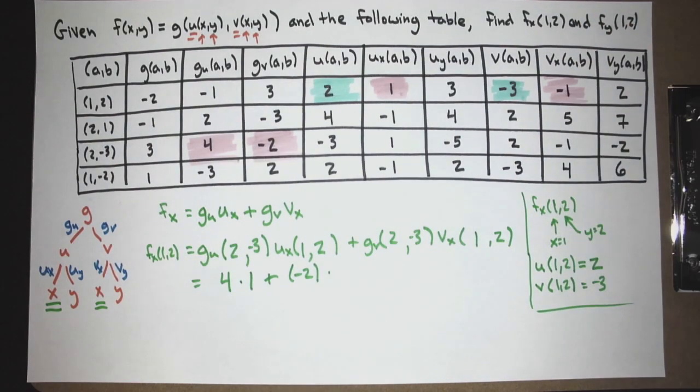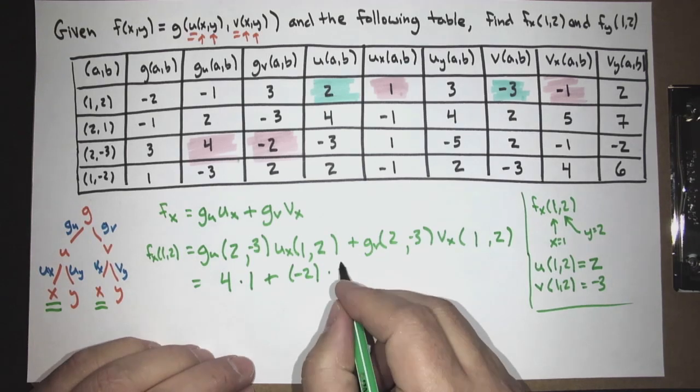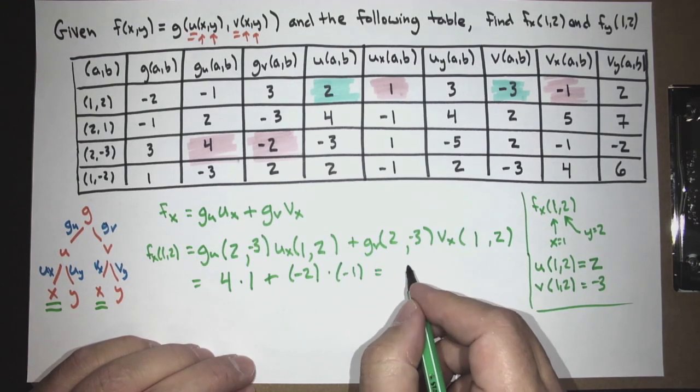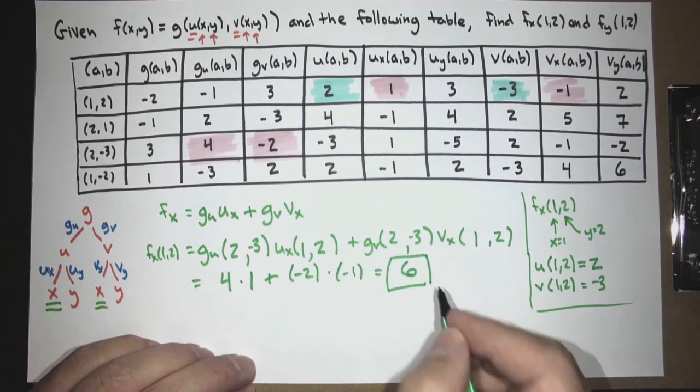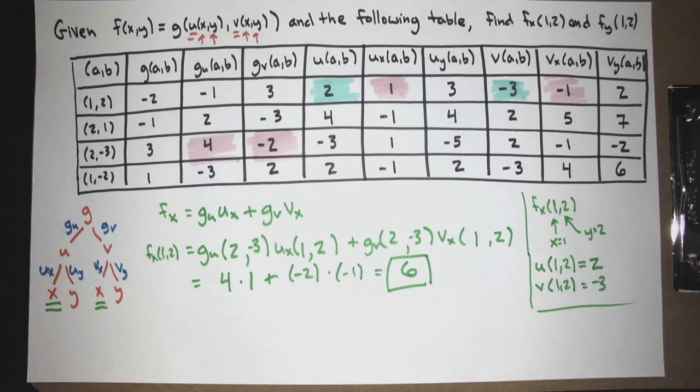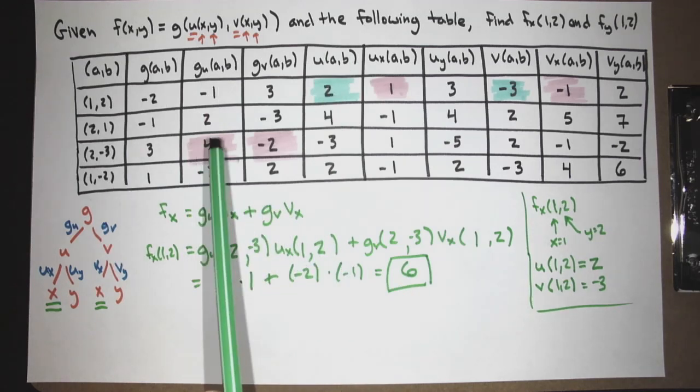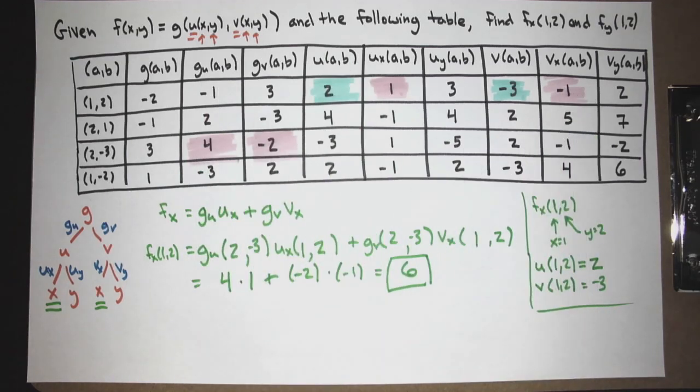Negative 1. So what do we end up with? 6. Now, in the interest of time, I won't do the other one, but it's a similar idea. But what do you notice about this table here? You're not using much of it. So this is as much of, do you know the right ideas?